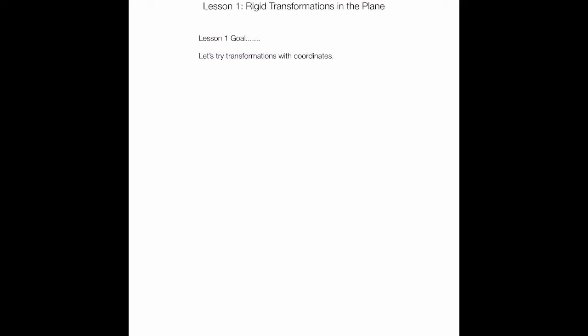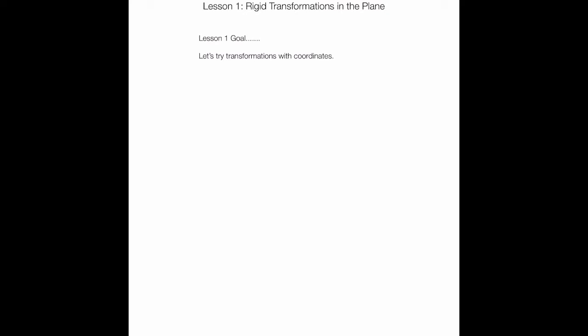At some point, I'm going to ask you to remember what those transformations are. But let's remind you: we have translations, rotations, and reflections. And then we started talking about dilations, and I said that's another transformation. It's just not a rigid transformation. So it says, let's try transformations with coordinates.